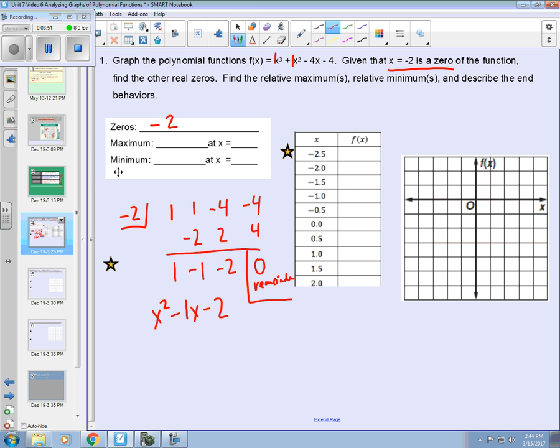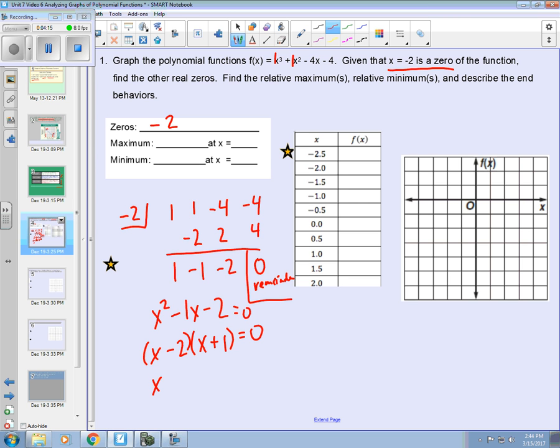Now to find the other zeros, what we're going to do is take this, set it equal to 0, and continue to factor this out. If we factor it, we should be able to find the other places where this crosses the x-axis. So now to figure that out, what multiplies to 2 and adds to 3? Looks like 2 and 1 do that.